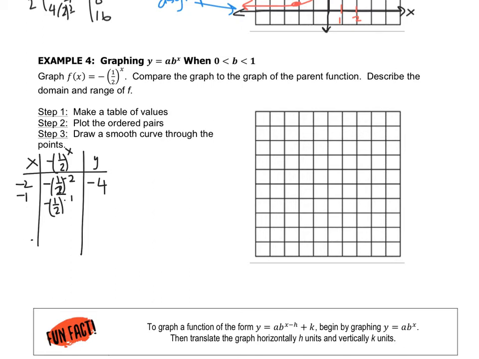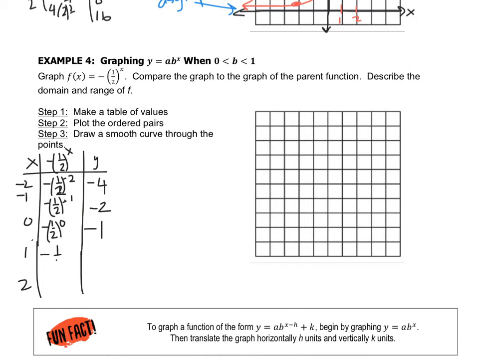I'm just going to space my x values better. -1/2 to the -1 is 2, so this gives me -2. -1/2 to the 0, well, anything to the 0 is 1, so this actually gives me -1.